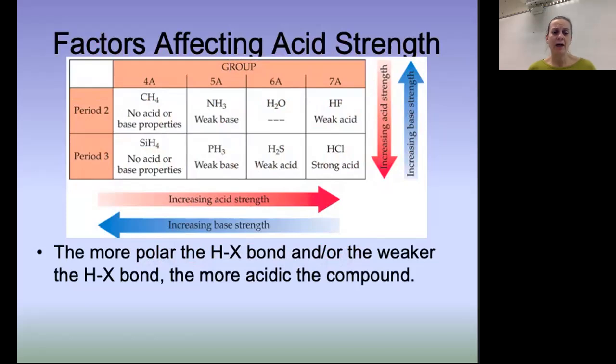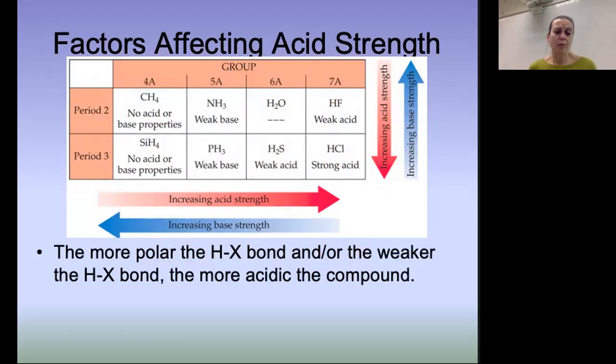If we have a binary acid, meaning that it only contains hydrogen and one other element, there are two factors that we need to consider. One is the polarity of the hydrogen to something bond, and the other is the strength of the hydrogen to something bond.